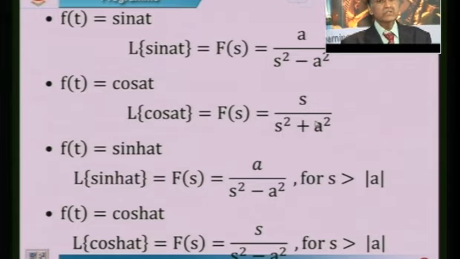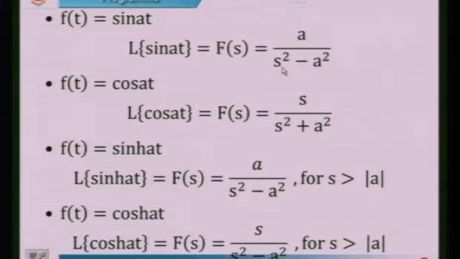As you all know, during these derivations you remember, and it is easy to put it in the list of all these results. For the sine function, the numerator is a and the denominator s square should be plus a square, and for the cos function, it is s divided by s square plus a square. And for the sine hyperbolic function, the only thing you are going to replace is sine hyperbolic at.